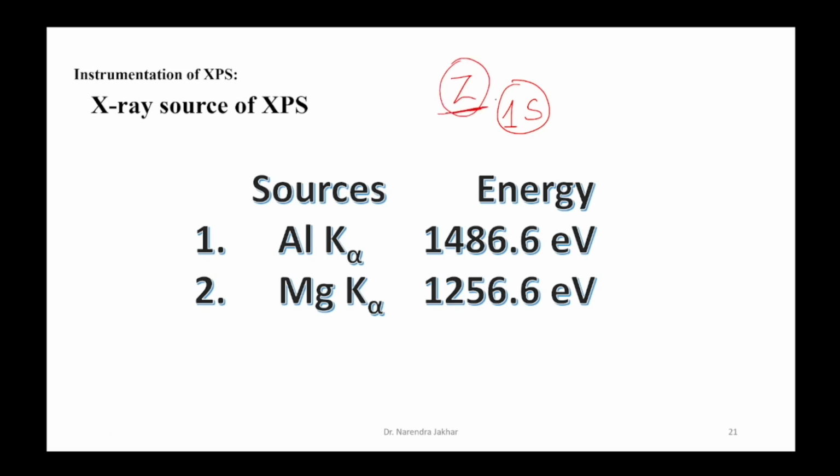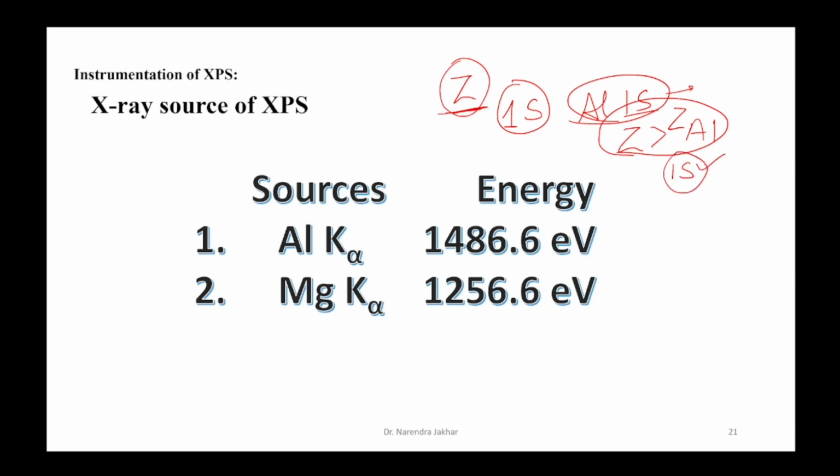We are only able to get the Al 1s electron, which is very difficult to obtain from this, or if Z is greater than that of Al, then we will not be able to see the 1s electron of these higher Z elements, because the excitation energy of the source is limited. If we take aluminum K alpha as the source X-rays, then it can only excite 1486.6 electron volts.